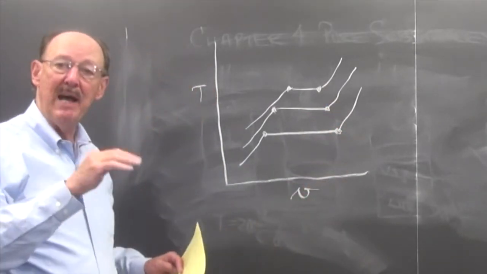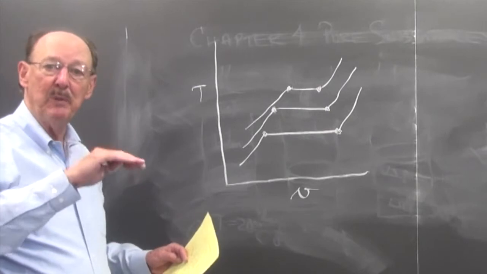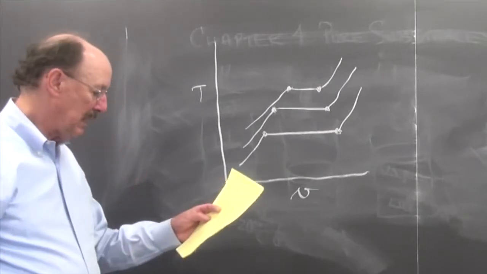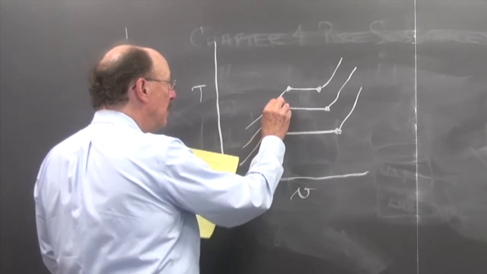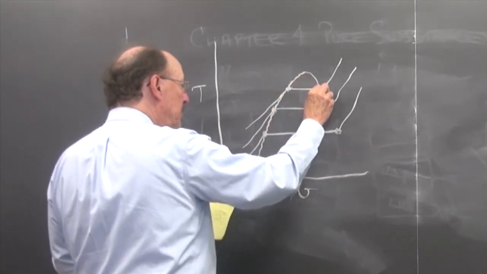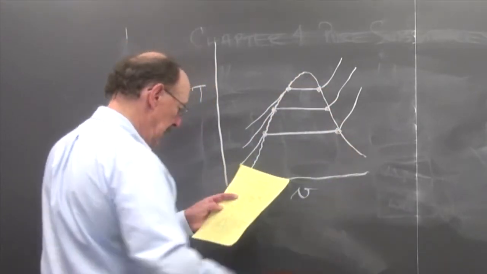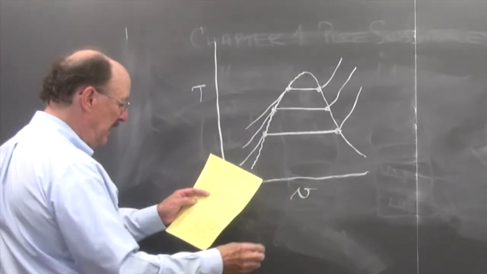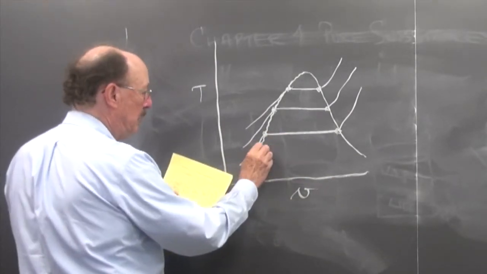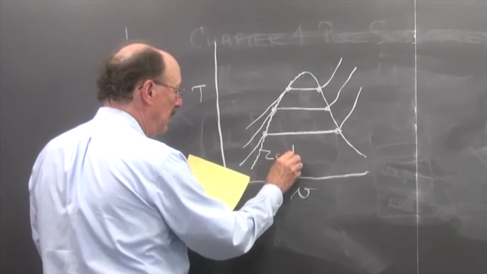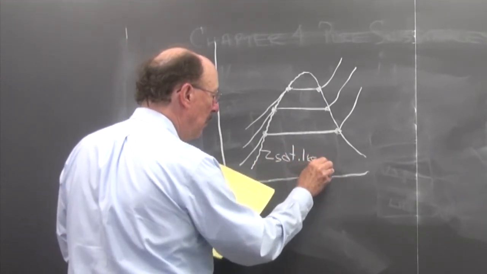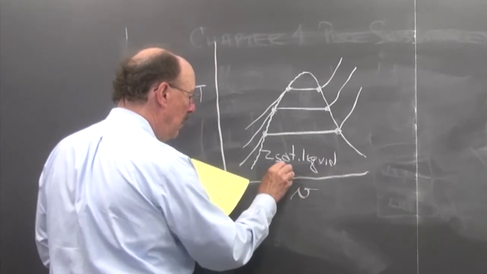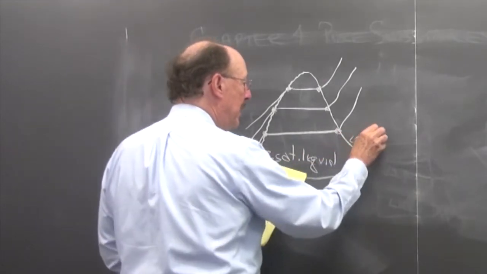And if I were to have a lot of pressures, I could hook those lines together, and I would have something that goes like this. Goes up to a maximum and goes back down. And so what I have here is a saturated liquid line. Saturated vapor line.